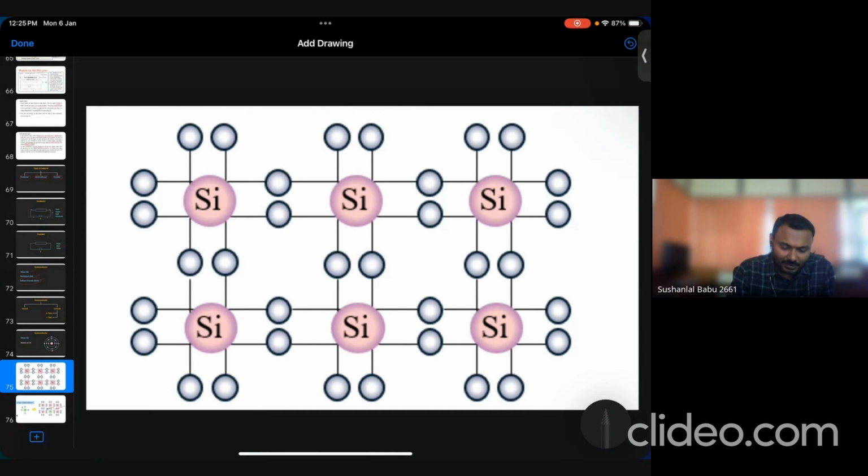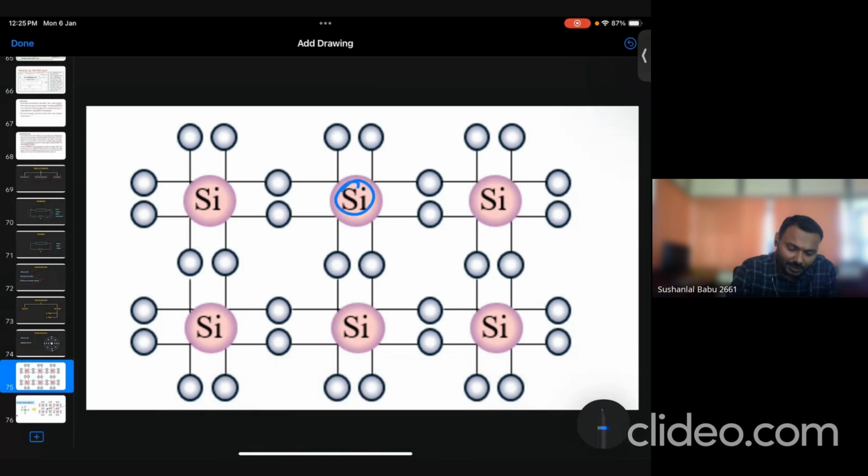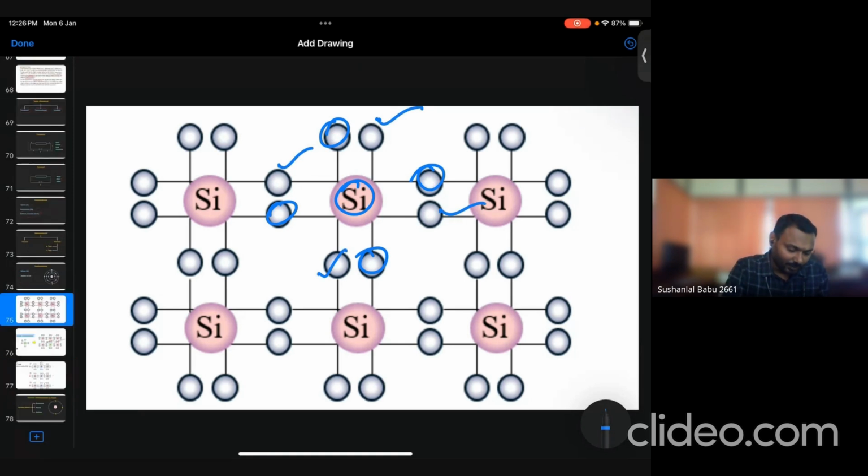Okay, so this silicon is actually having only one, two, three, four, but the other four it is getting from this side, one from left side, one from right side, one from front side, one from back side. Okay, so this is called the pure form of semiconductors.